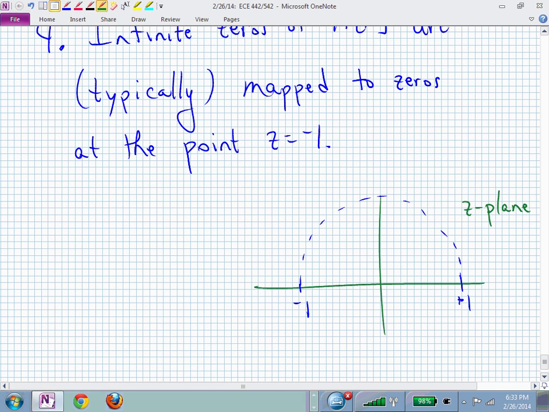But where is DC in the z-plane? Where did we learn DC was in the s-plane? Right at the origin, isn't it? s equals 0. But now s equals 0 maps to what point in the z-plane? z is equal to e to the sT, s equals 0. This is now our DC point, isn't it?